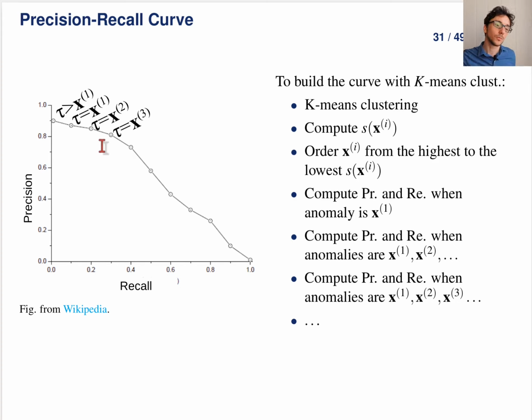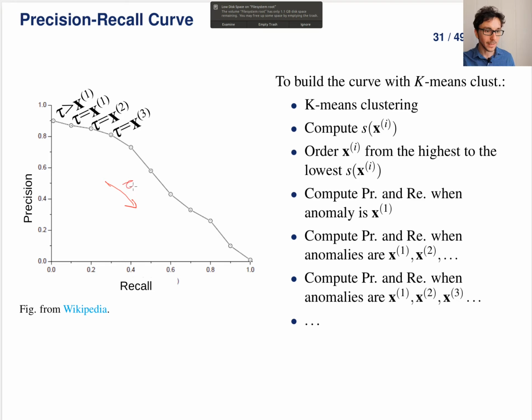While if you decrease your tau, you start to leave out some points that will be recognized as anomalies, so you start to have more recall, but you start to lose precision. Some of the points that you left out will be marked as anomalies, but they may actually be normal. So if tau goes like this, okay, this is the trend you have.